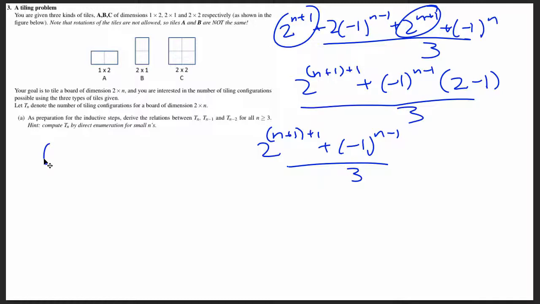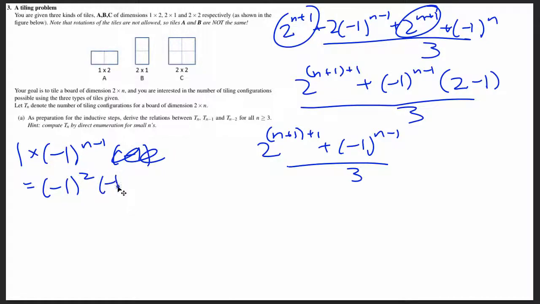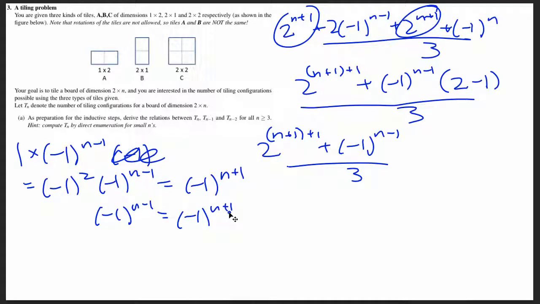Now notice that negative 1 to the n minus 1, if you multiply that by 1, this 1 becomes negative 1 squared. And this actually is n plus 1. So negative 1 to the n minus 1 is equal to negative 1 to the n plus 1 power. So we can actually replace this.